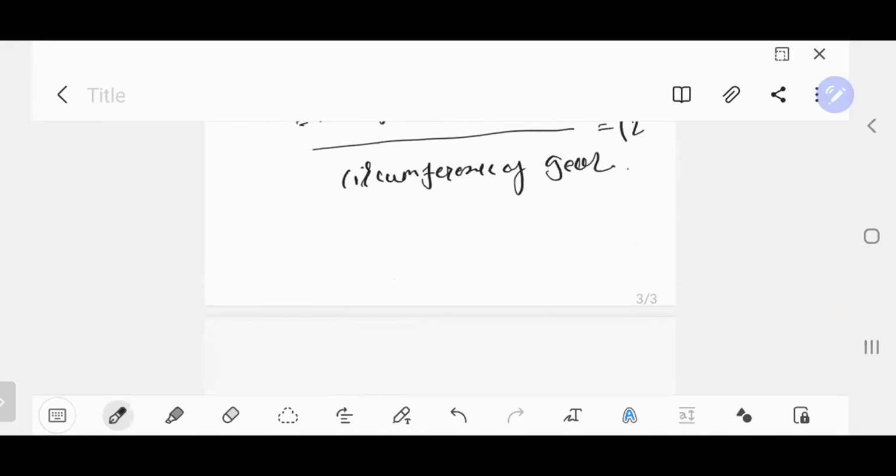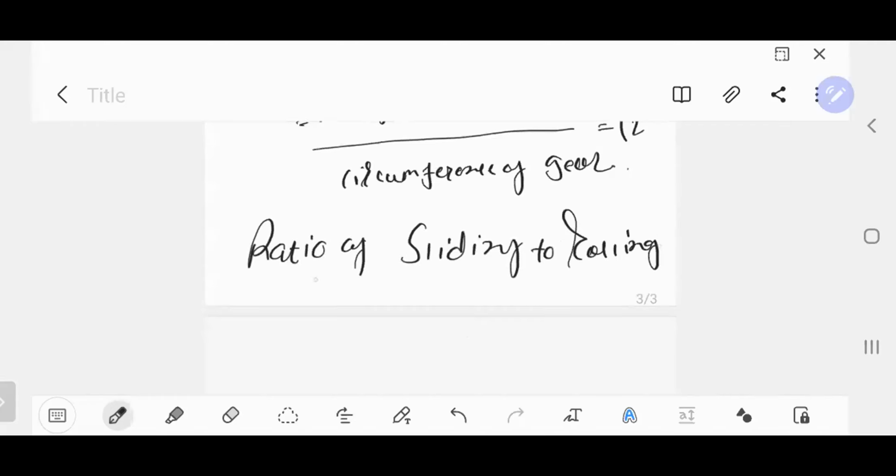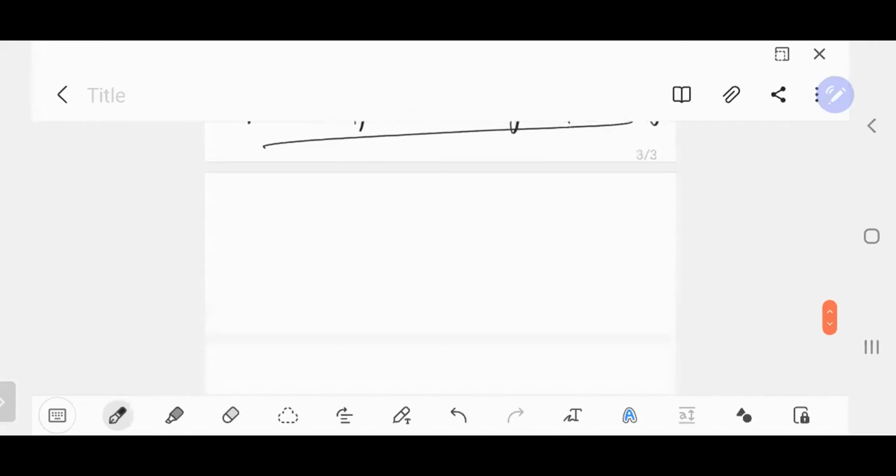Now we are coming to the last thing of the example. Just look at the question again. The ratio of sliding to rolling motion. This is the last thing we need to find.